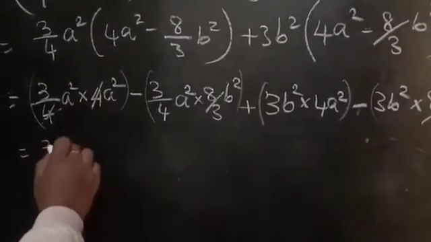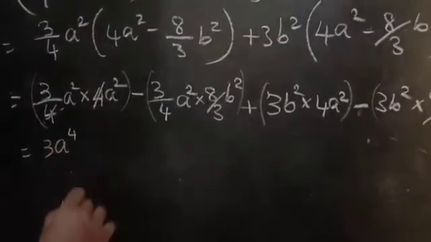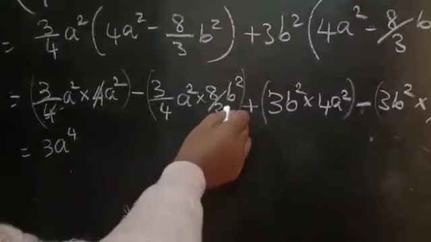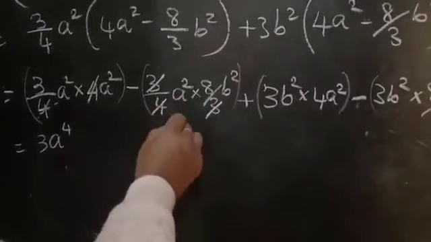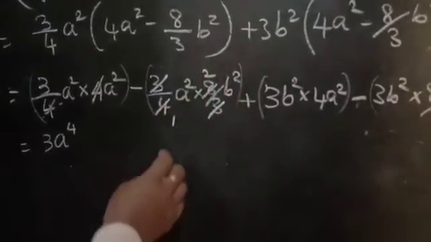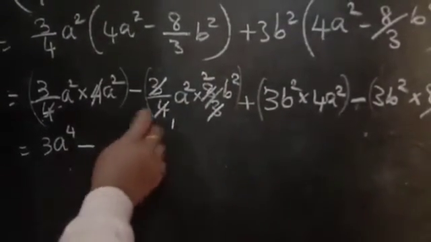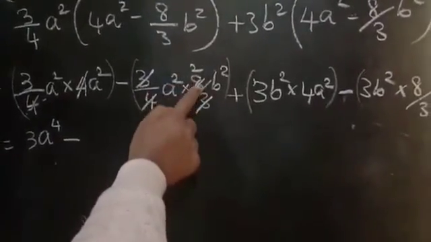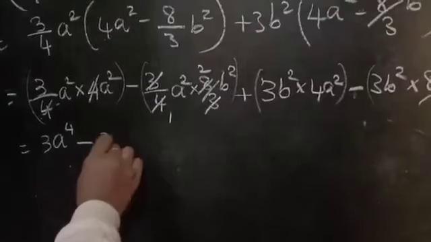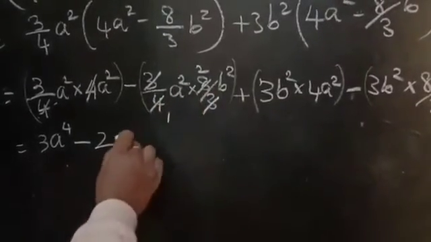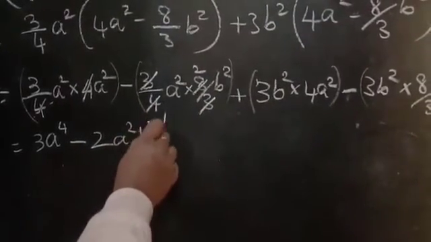A square into a square, a power 4. Then here denominator 3 and numerator 3 get cancelled. Here 1 4s are, 2 4s are. So we have minus 2 in the numerator, denominator only 1. So 2 into a square into b square.